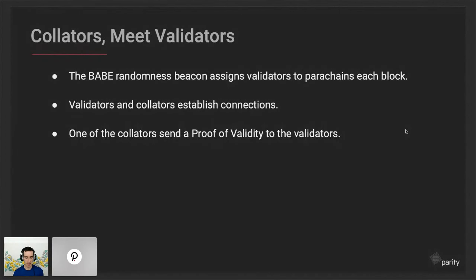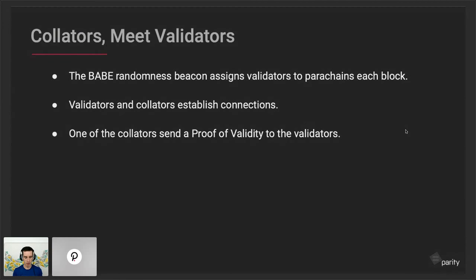So you could have 1,000 validators and 100 parachains, and you're just going to randomly assign 10 validators to each parachain. That's going to actually change every single block. So on block 100, parachain 1 will have some set of 10, and on block 101, they're going to have 10 different validators. We use the Babe randomness beacon to actually make these assignments, but they have to find each other.